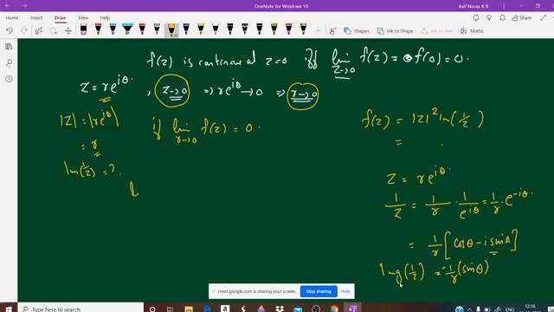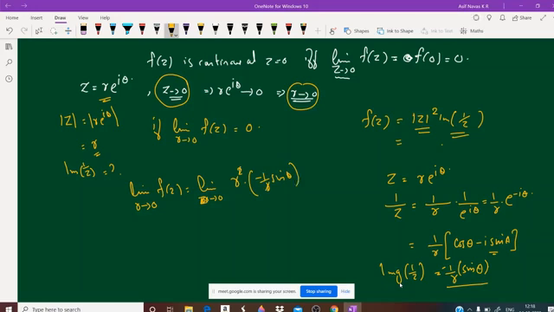Now we will look at limit r tends to 0 of f of z. This can be written as limit r tends to 0 of mod z square, and mod z is r, so r square, into the imaginary part of 1 by z, which is minus 1 by r sin theta.